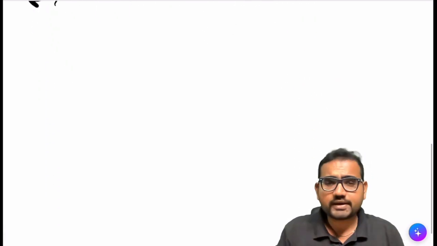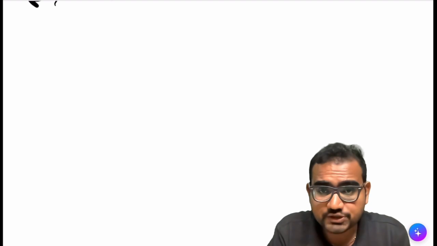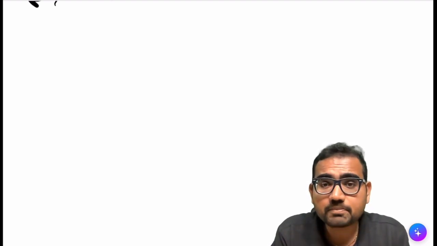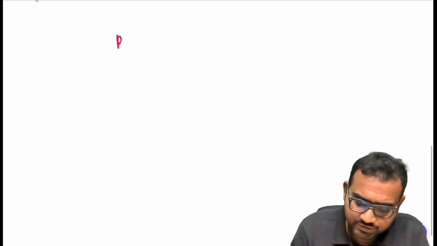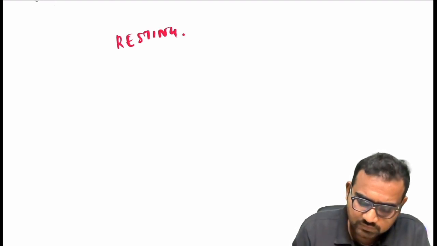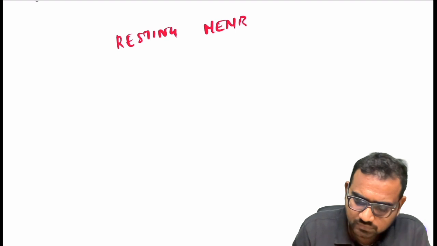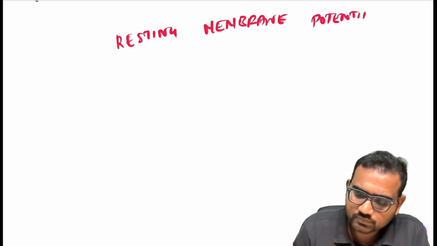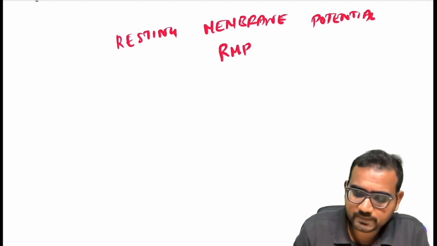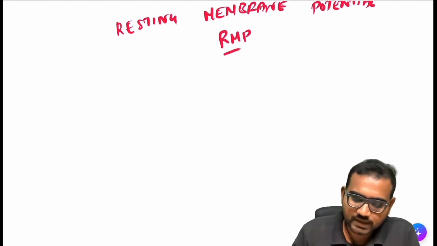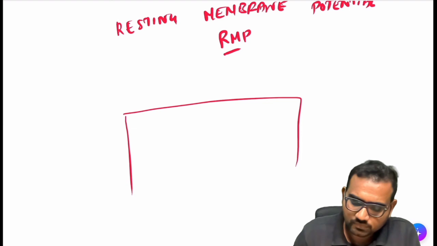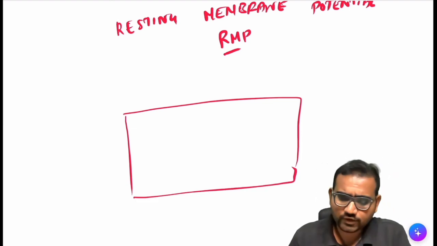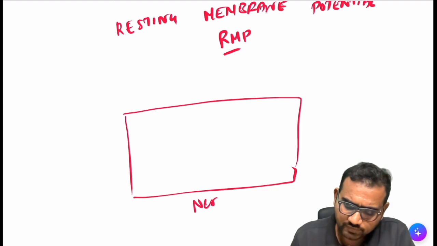before moving into what happens during the action potential, you should know what the resting membrane potential is. So what is the resting membrane potential, RMP? Imagine a cell, say for example a nerve fiber.